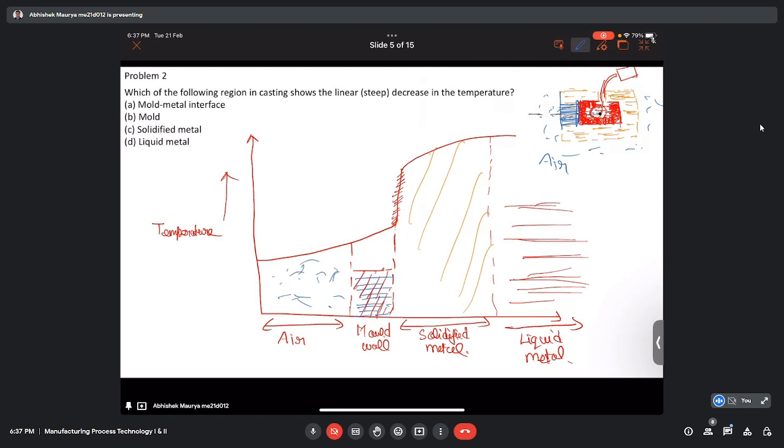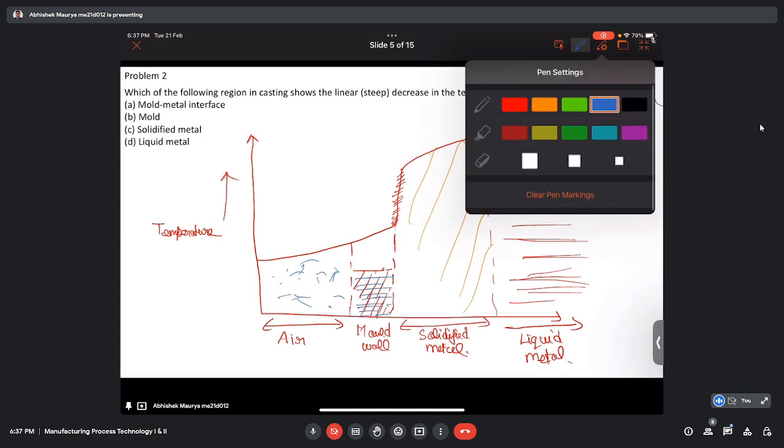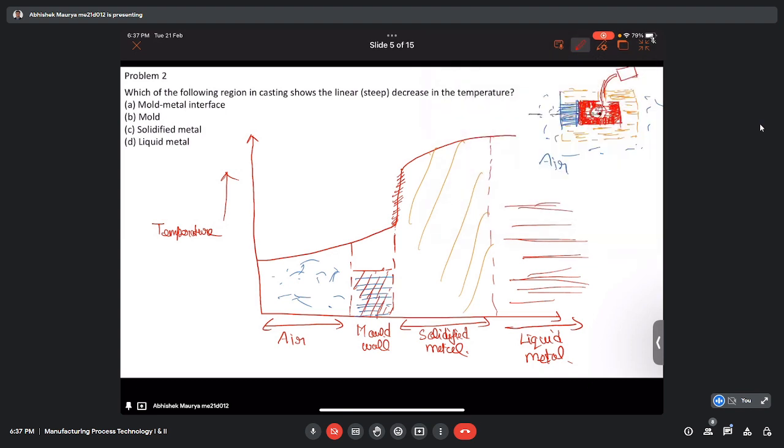So the temperature will be maximum in the region where the metal is in molten condition. So those ranges are this region. Here the temperature will be the maximum.